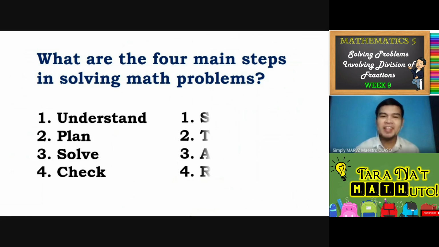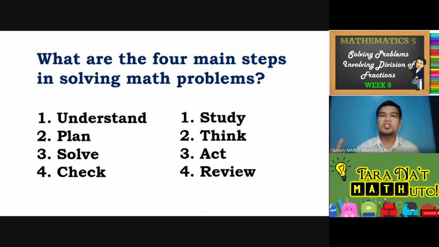Okay? And the second type is the STAR method. First one, study the problem. In studying the problem, same as in understanding, you have to consider what is asked, what are given. The second one, think of a plan, of a strategy or the operations that you are going to use or create a mathematical sentence. The third one is act. Act on the plan.